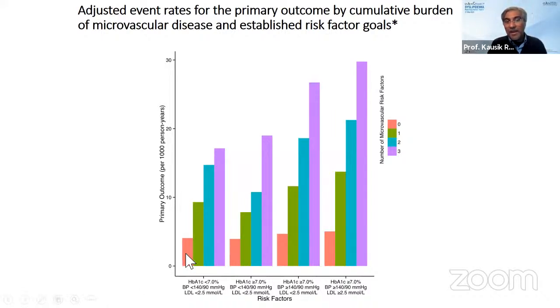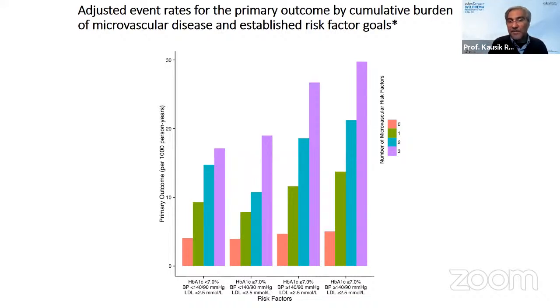But basically, if I don't have microvascular disease and my patient is apparently at all of these goals or at none of these goals, there is an increase in risk, but the increase in risk is small because the risk is low to start with.